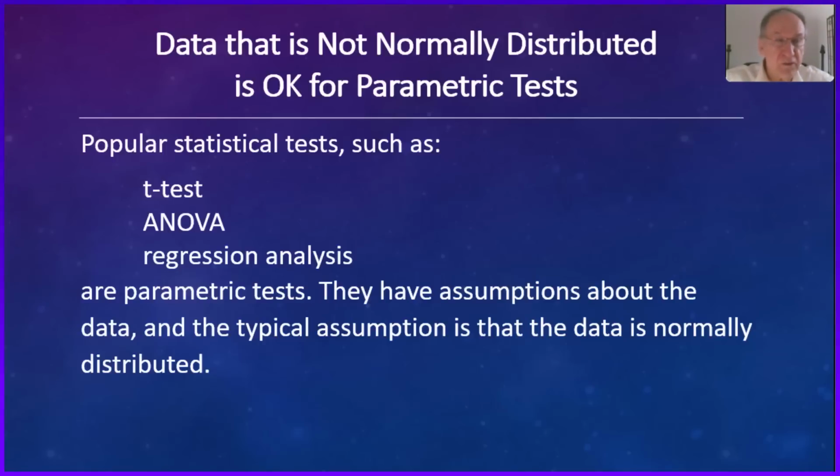It ends up, and I want to just make this clear, that as long as you have 40, 50, 60 cases, people that you're studying, the data does not need to be normal. Really, any distribution is okay. So as researchers and mathematicians studied this more carefully, they found out, oh my gosh, it's fine if the data is not normally distributed.